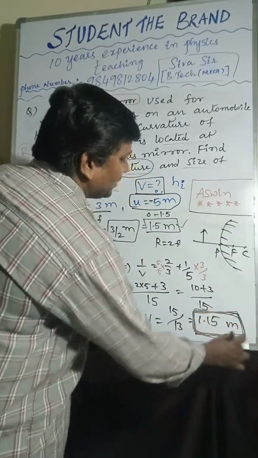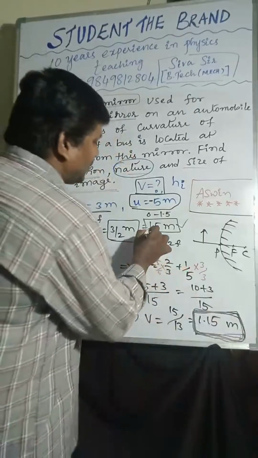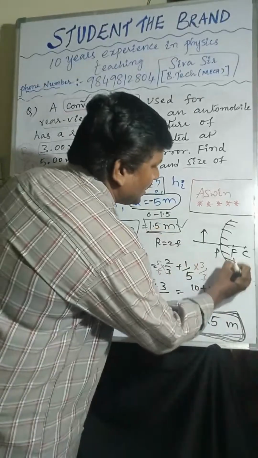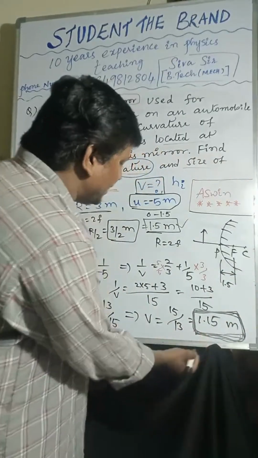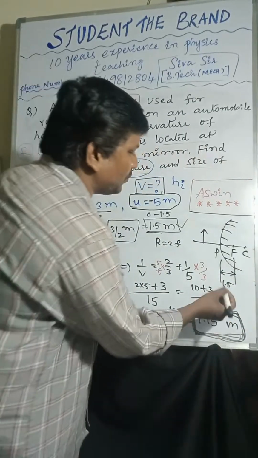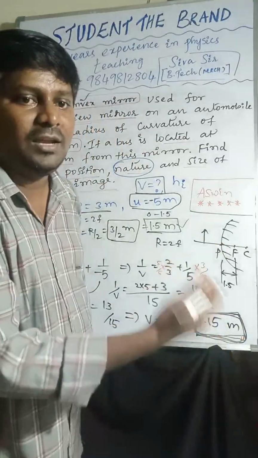Yes or no? Here you can see the focal length is 1.5, and we got the image distance as 1.15.